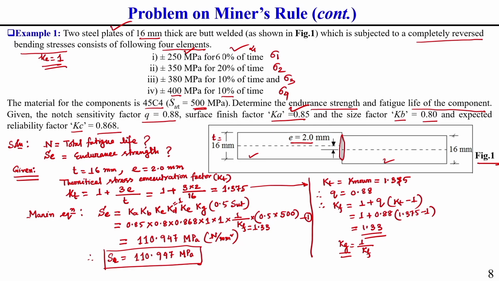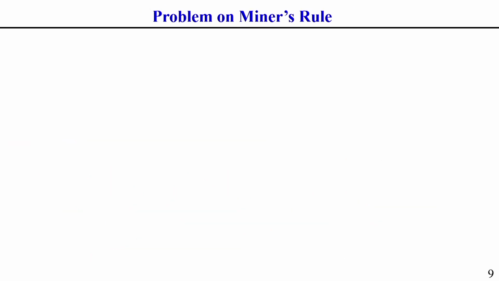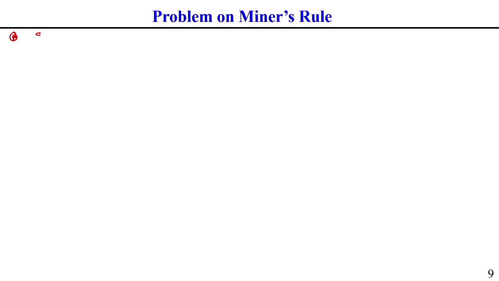Based on these stress levels we need to find out the number of cycles, and the proportions are given. For finding capital N1, capital N2, capital N3, first of all we need the SN curve.